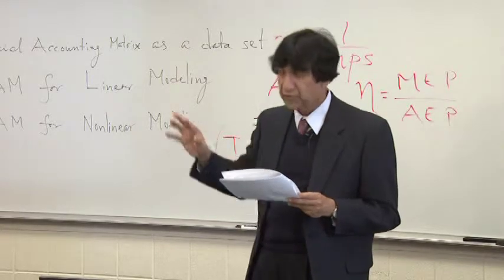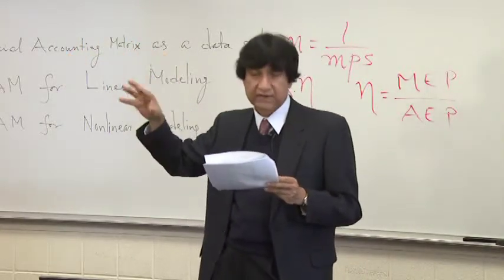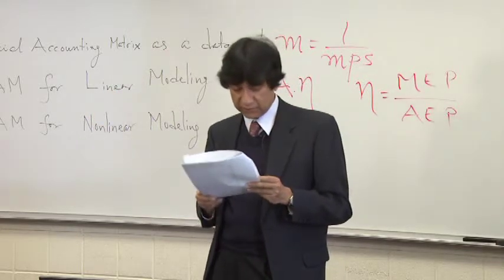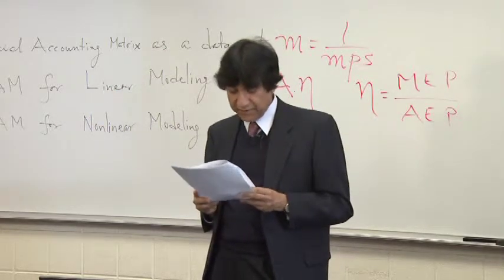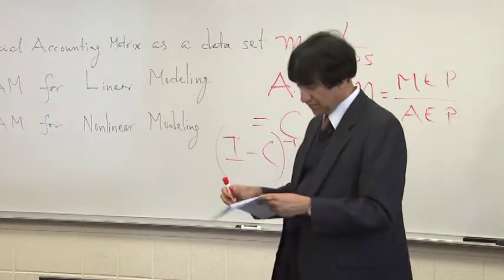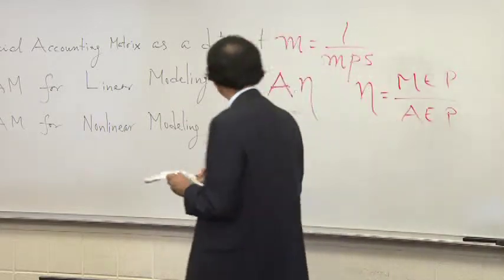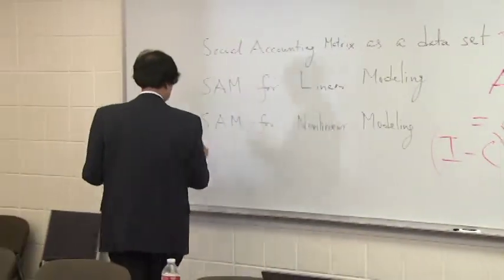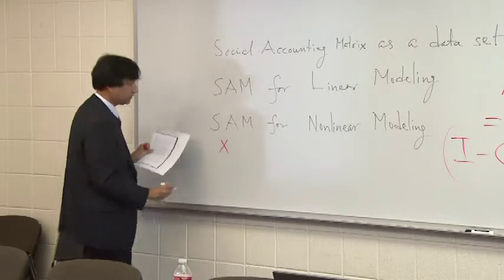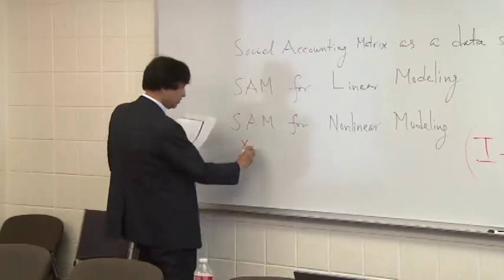But now we want to assume that we have some SAMs, and we want to create a nonlinear model that would have multiple equilibria. So we define, again, the entire economy as a vector of accounts, not just outputs. So here, to be consistent, I use the vector x as all the accounts.